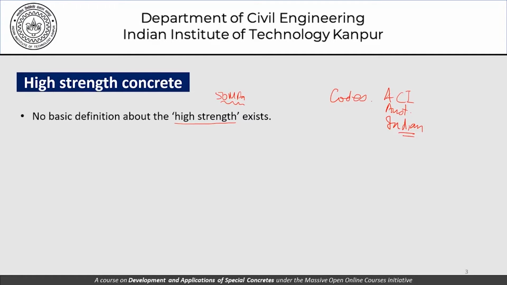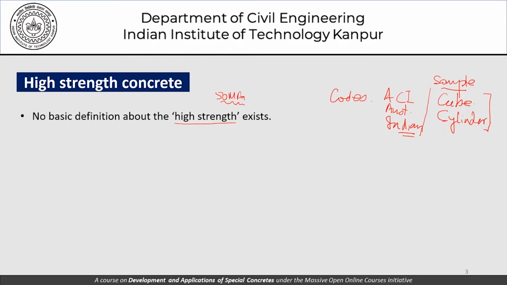Having said that, it's also important to keep in mind that different standards use different samples or sample geometry. Some of us use cubes, some of us use cylinders, and it is not possible to directly compare the strength obtained from a cylinder and a cube.